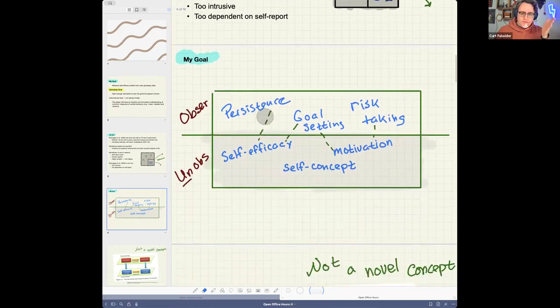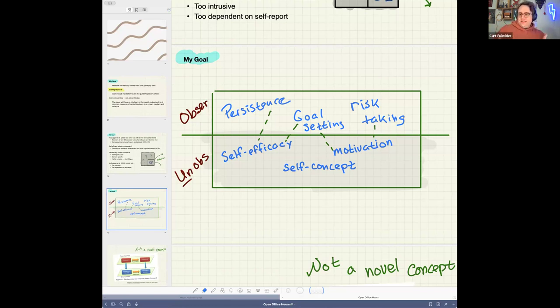My goal in this is to look at these constructs like self-efficacy. This is the broader picture. Self-efficacy, self-concept, motivation, they're unobservable. I'm kind of drifting into the territory of non-cognitives, which is a very fuzzy term. It's kind of whatever you want to throw in there. But very generally there are these two layers: the ones that we can't see, and then the ones we can see, the persistence, the goal setting, and the risk taking.